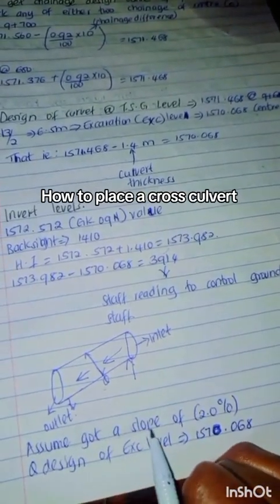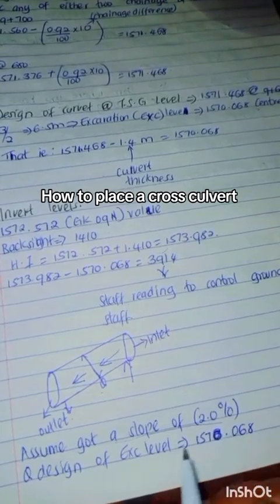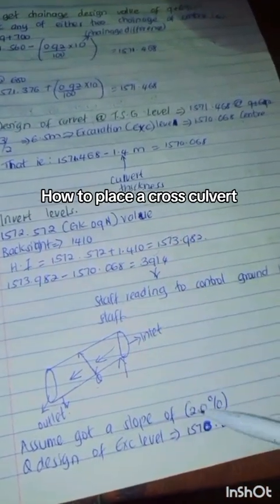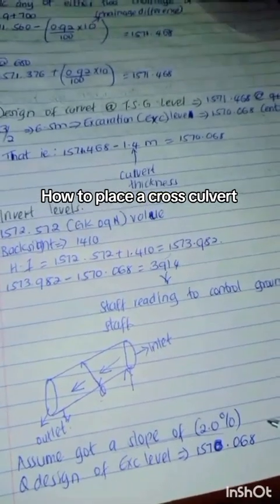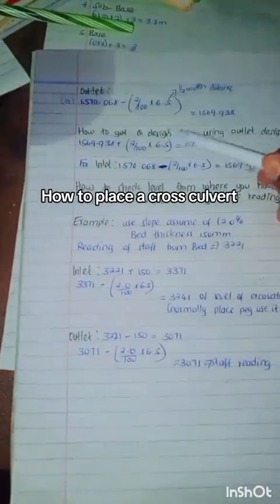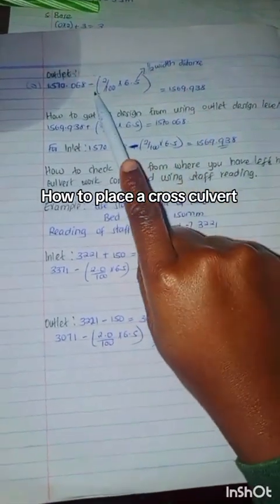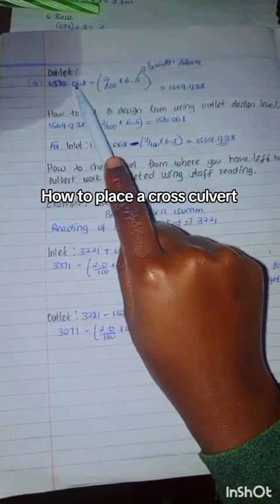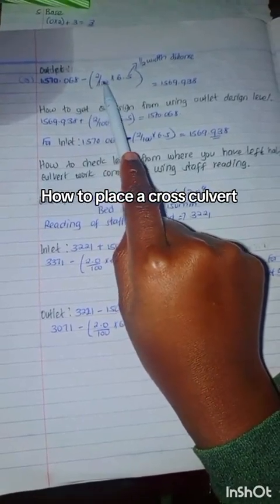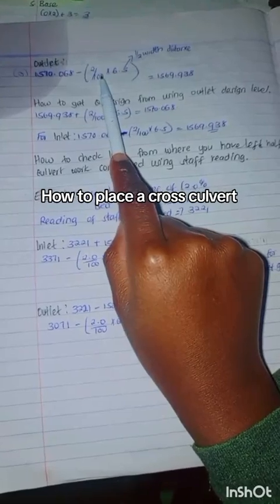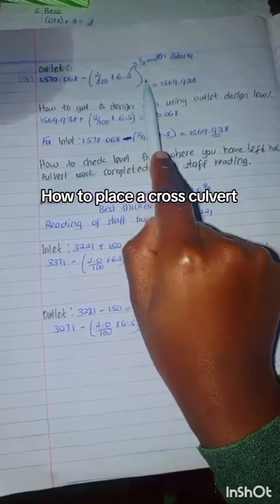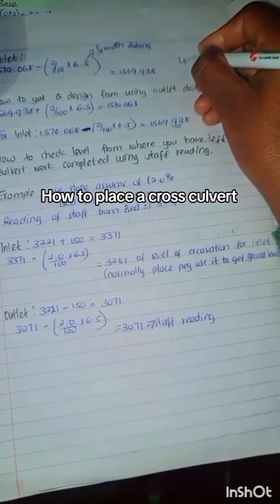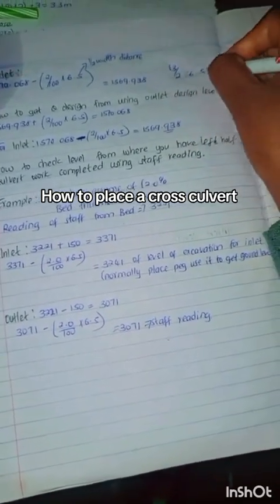So we're going to assume a slope of 2.0%, and the design excavation level that we got here is 1570.068. To get the outlet design, we use 1570.068, that was the excavation level design of the center, minus the percentage we assumed, that is 2%, multiplied by 6.5 in brackets, that is the half width distance, 13/2, you get 6.5 meters.